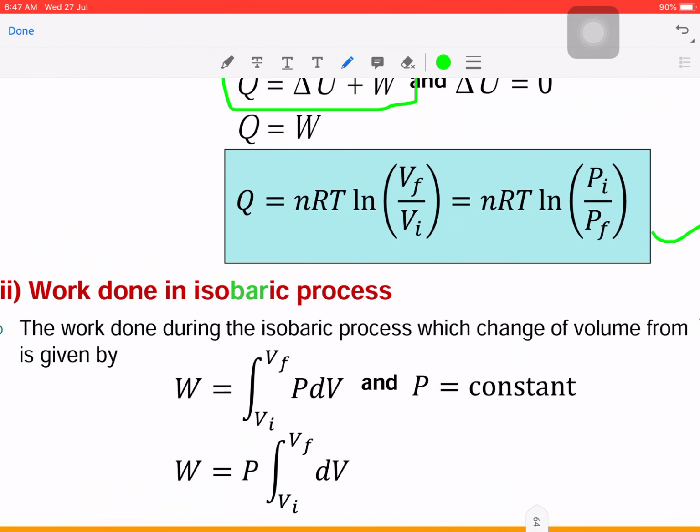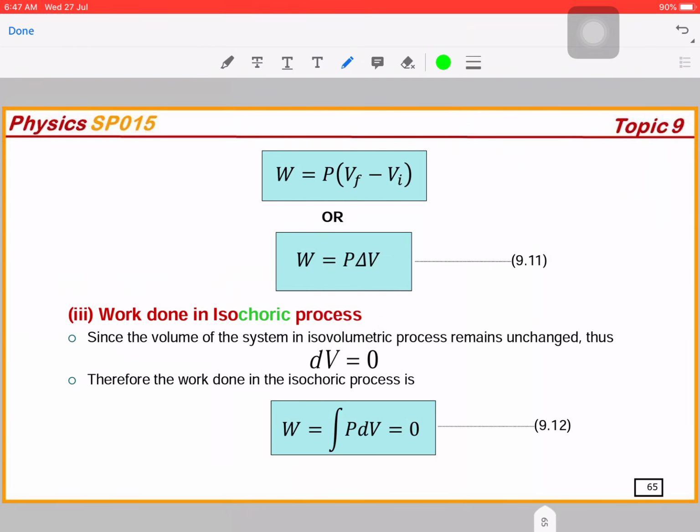We will have W equals P times the integration of dV. So we can get W equals P times (V final minus V initial), and W equals P delta V.